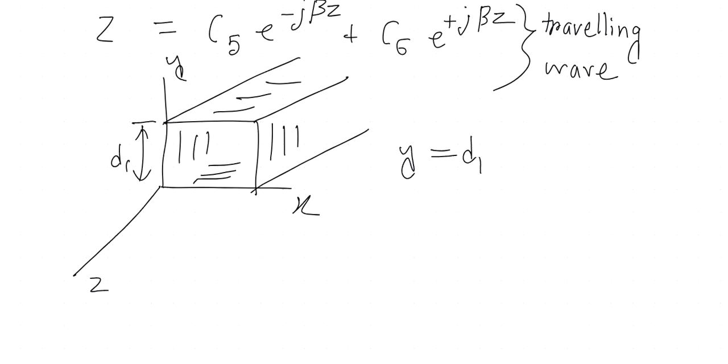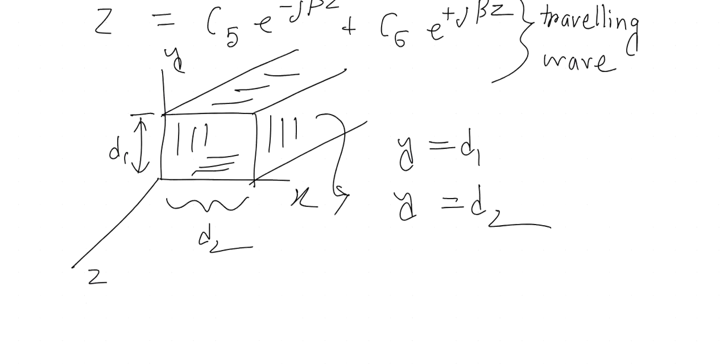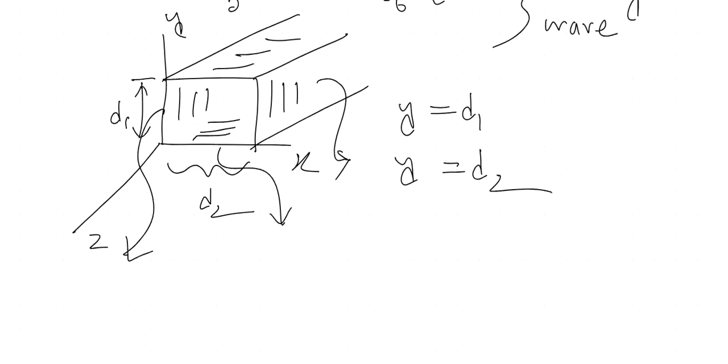And at y equal to d2, also the electric field parallel to this plate should be 0, and also to this plate and this plate and this plate. So if we put that boundary condition, we will get something like this.